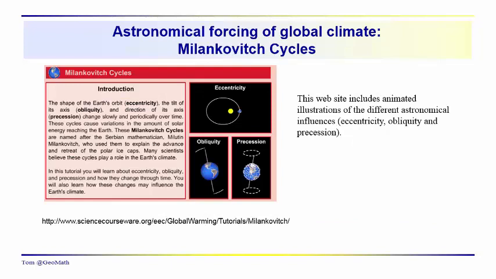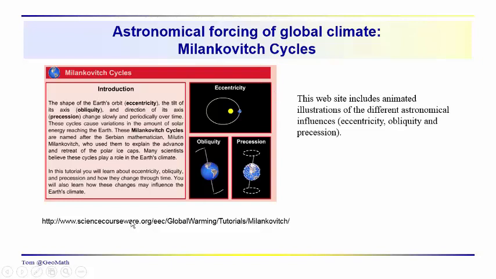So now we're going to continue on. We're going to present some examples. We're going to talk about some time series. And one of the time series that we're going to talk about, we're actually going to synthesize a climate forcing, the astronomical forcing associated with the Milankovitch cycles.